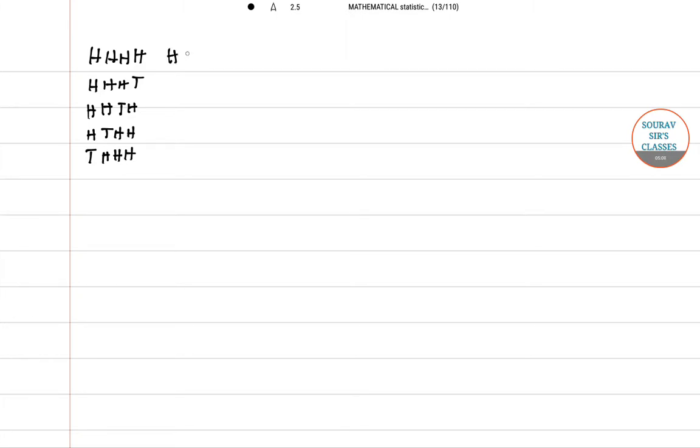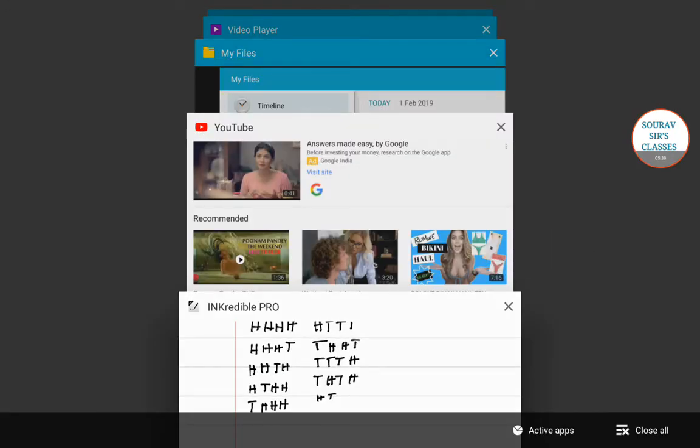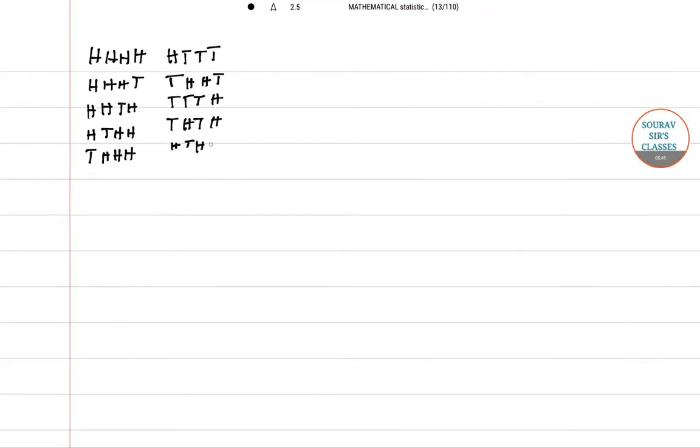We can also have head, tail, tail, tail. We can have tail, head, head, tail. We can have tail, tail, tail, head. We can have tail, head, tail, head. We can have head, tail, head, tail.